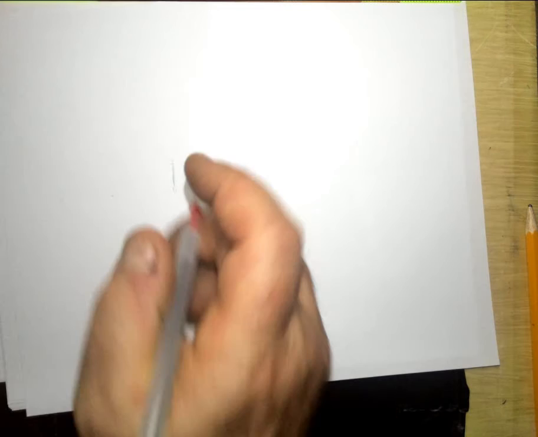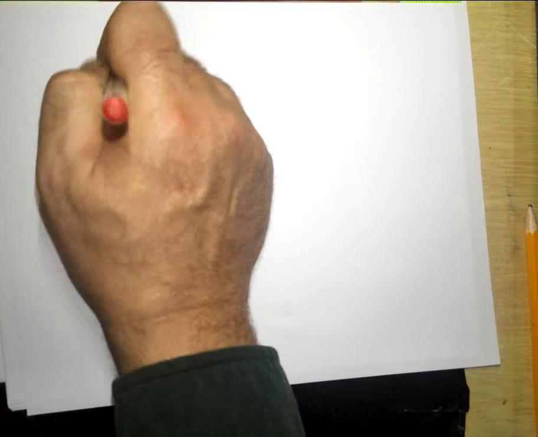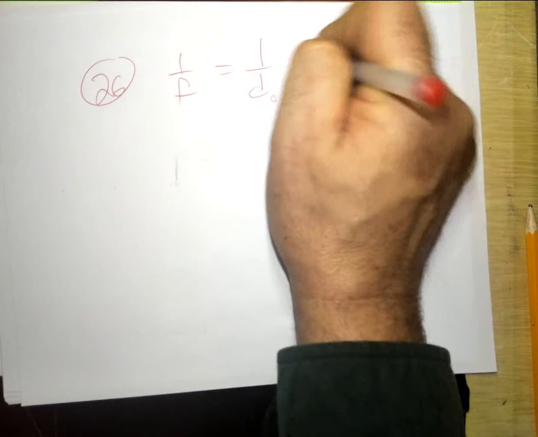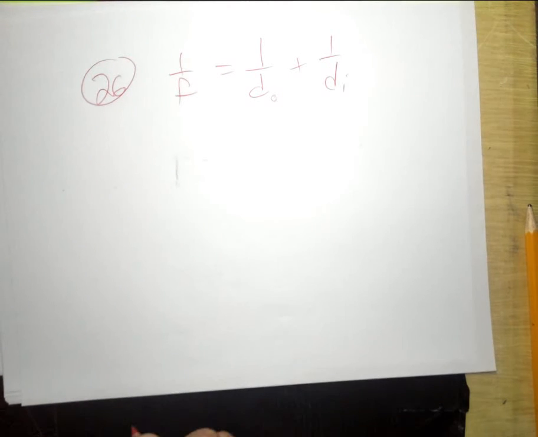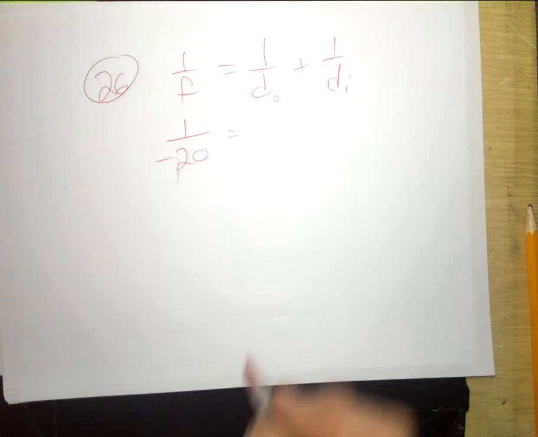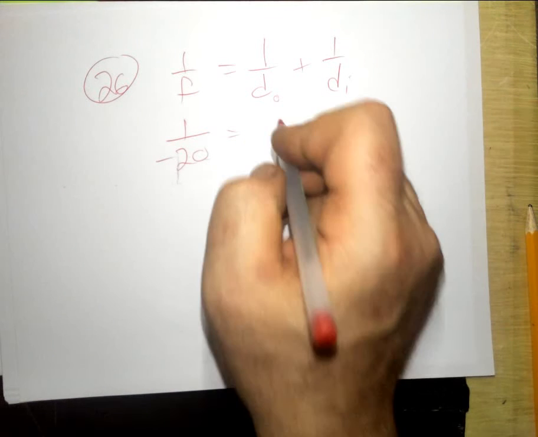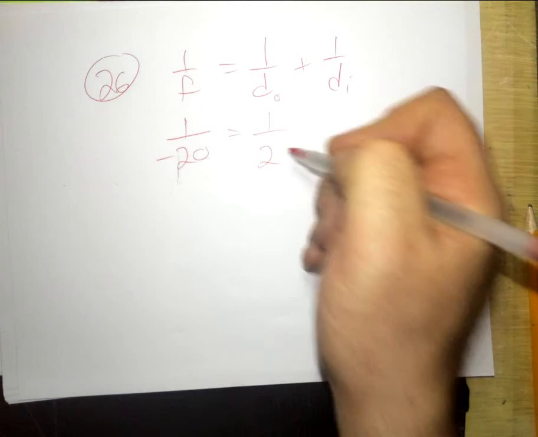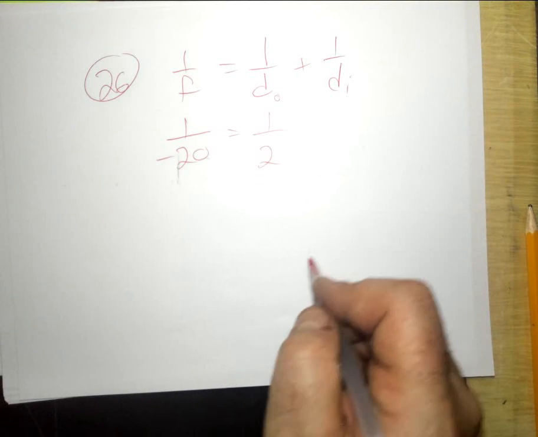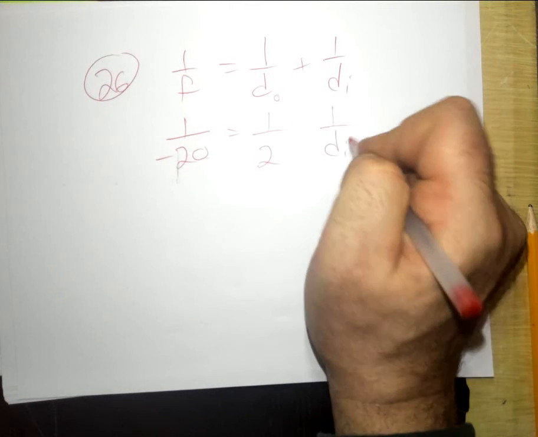Number 26. We're going to use 1 over F again. The focal length is 20, and that's going to be a negative 20 because it's behind the mirror. Object is placed 2 in front, so that's going to be a positive 2 for DO. We want to find the image, 1 over DI.